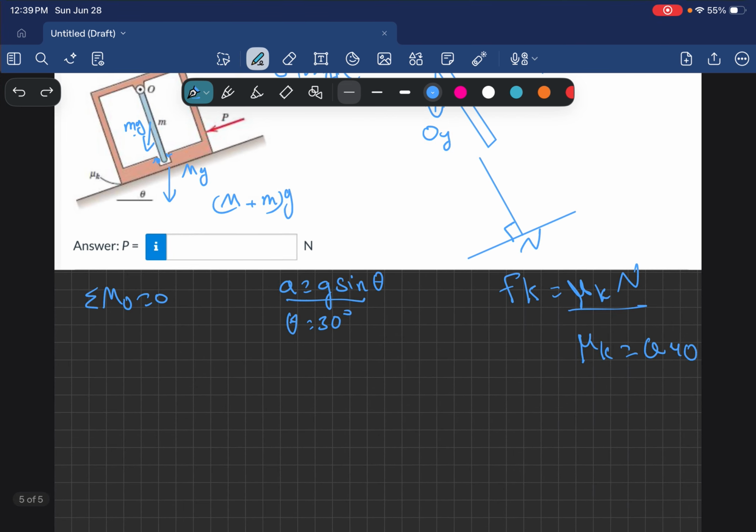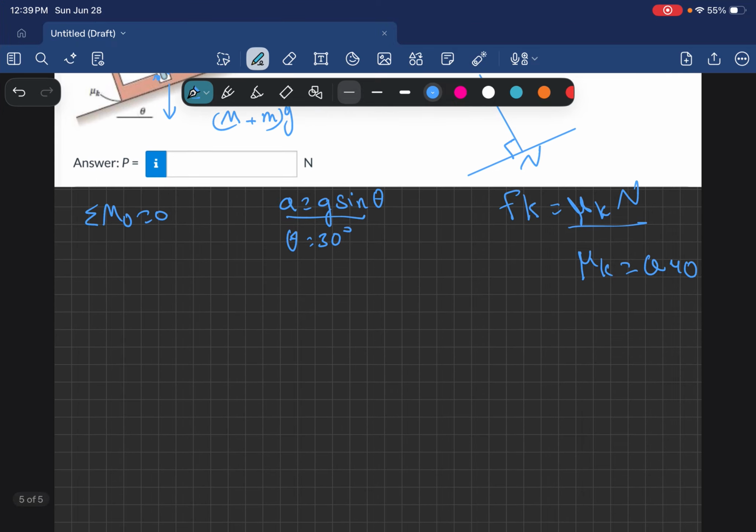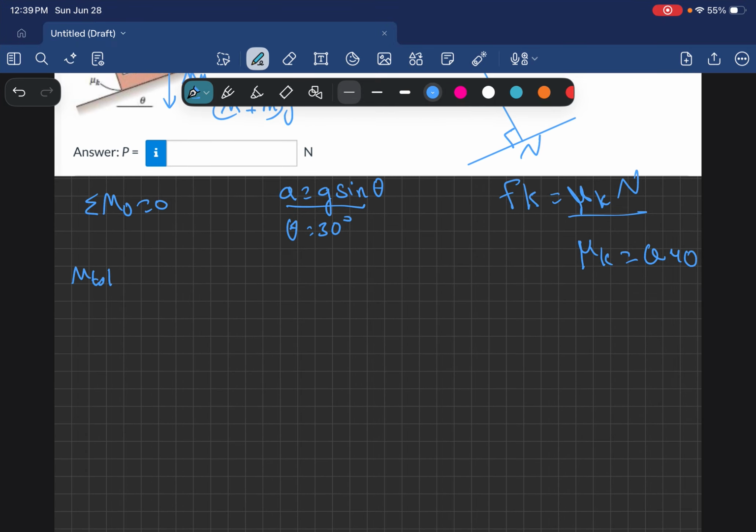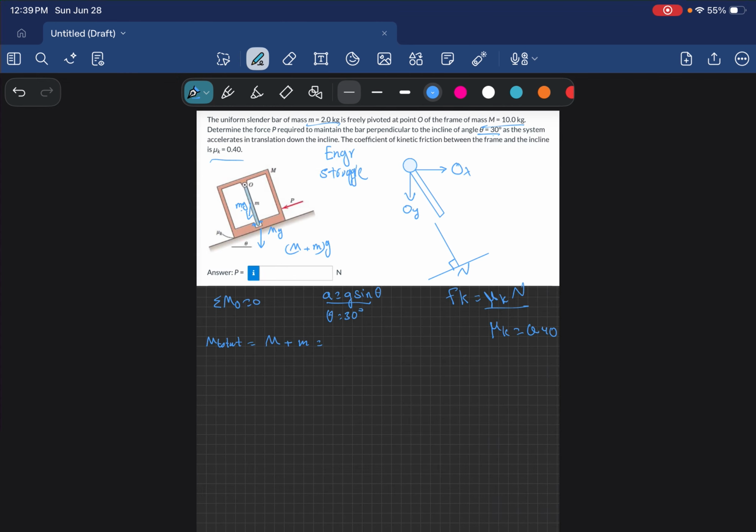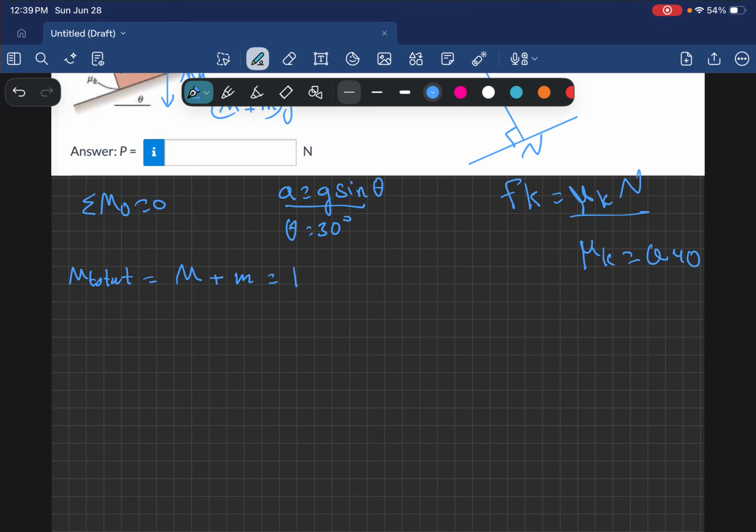This can move, but we need to find the total, which equals capital M plus small m, and those two are 2 and 10, so that would be 12 kilograms.